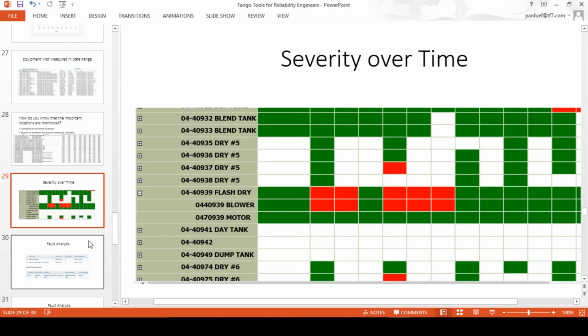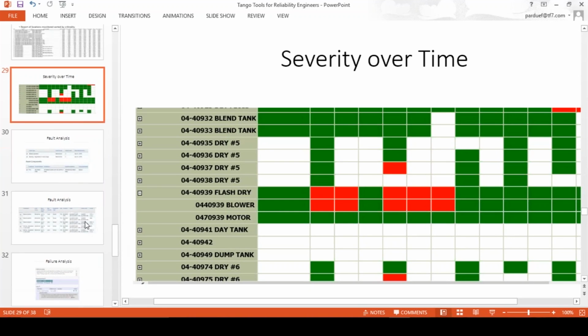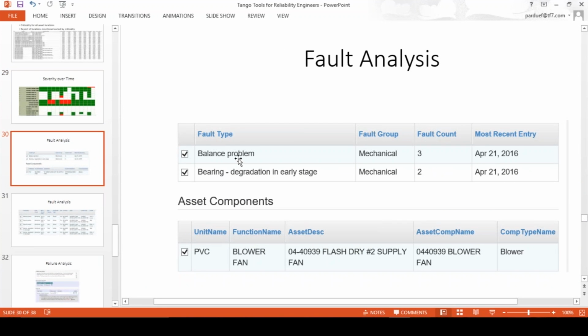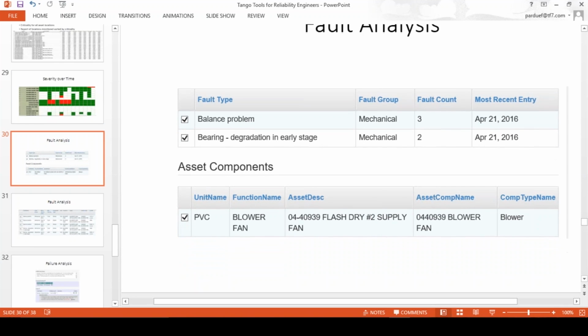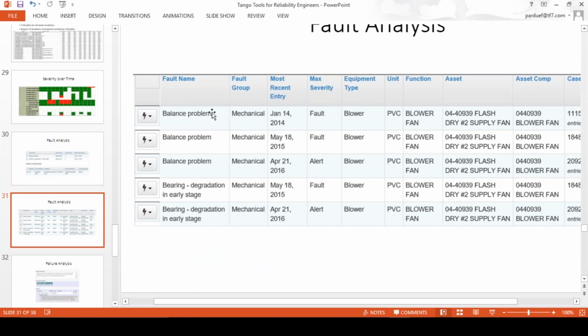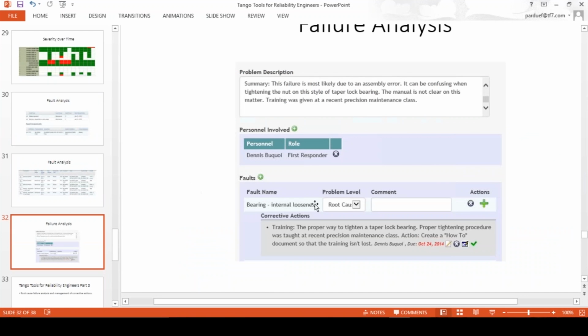But I dug into this flash dryer for a moment, and that took me to the fact that it's got 3 balance condition entries and 2 bearing condition entries. I could dig into more, but there's a summary of the entries. And I noticed that these guys had an RCFA for the bearing problem.